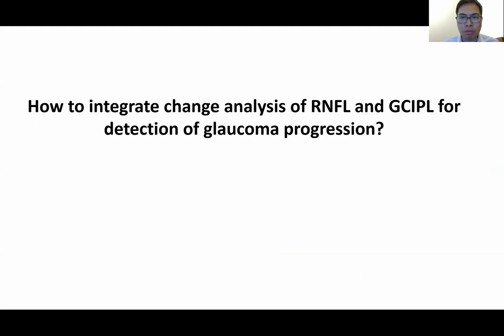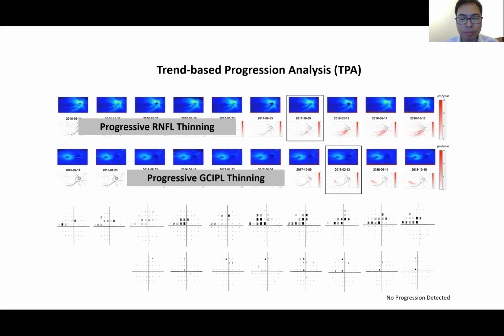So how do we integrate our NFL and GCIPL analysis to detect glaucoma progression? Here we use a technique called TPA, or trend-based progression analysis. TPA performs pixel by pixel linear regression analysis between a thickness of interest and time.